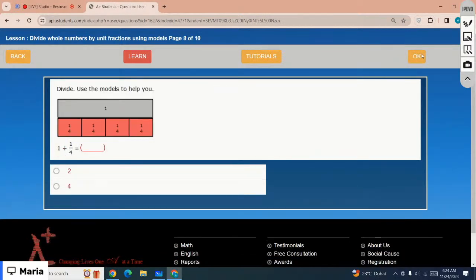Okay, the next one is divide. Use the models to help you. 1 divided by 1 fourth equals.